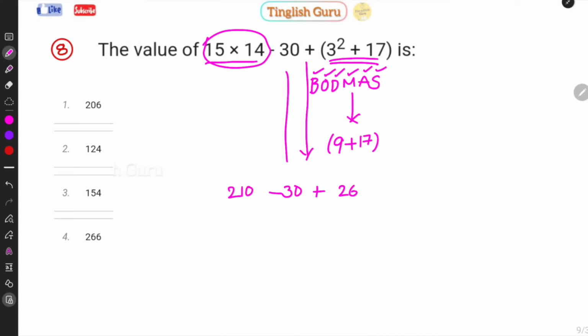Adding together we will get 210. So add the positive values first. 210 plus 26 is equal to 236 minus 30. That is nothing but 206. So first option. This is a very simple simplification bit.